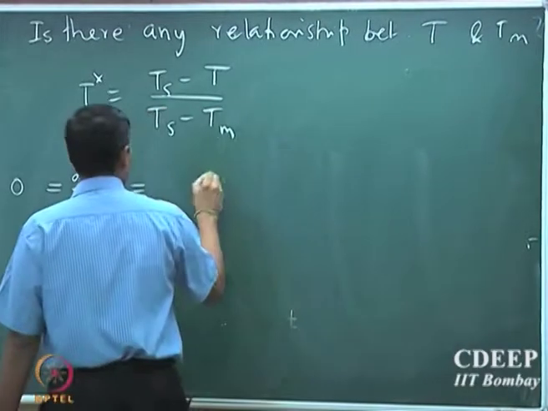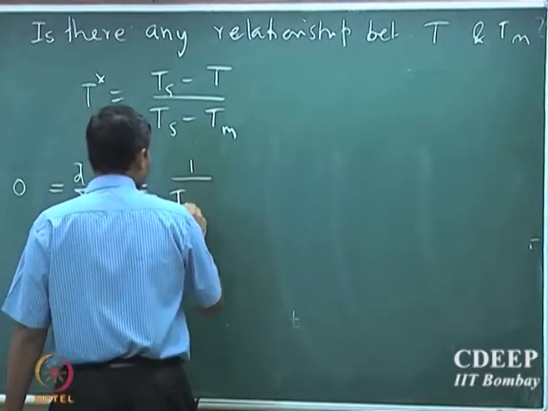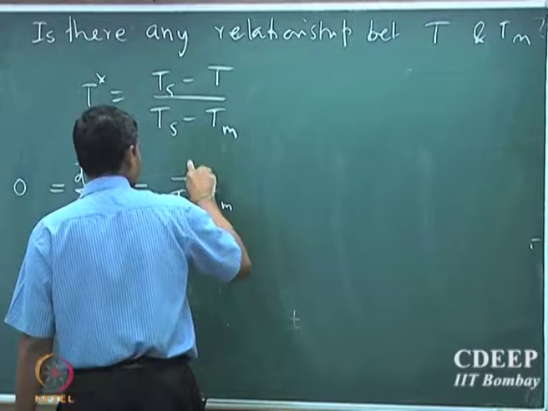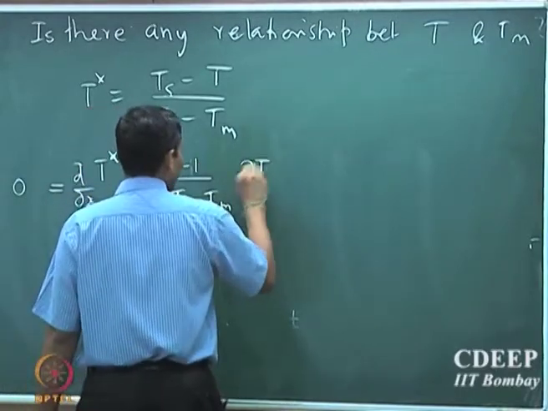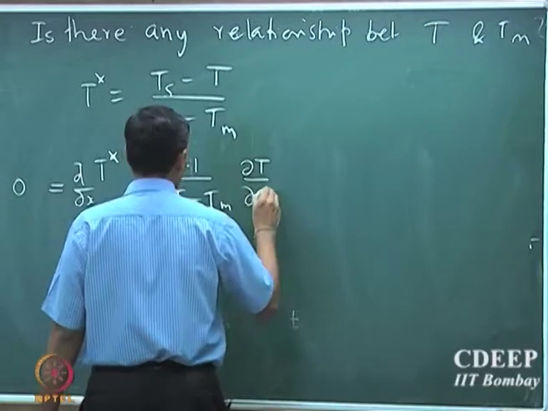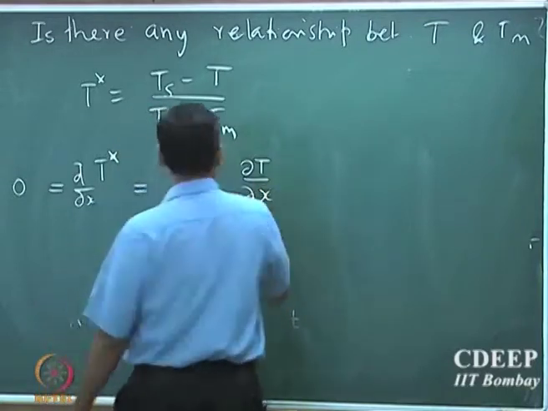So we can now write this as 1 by (Ts minus Tm) into minus dT/dx, okay.